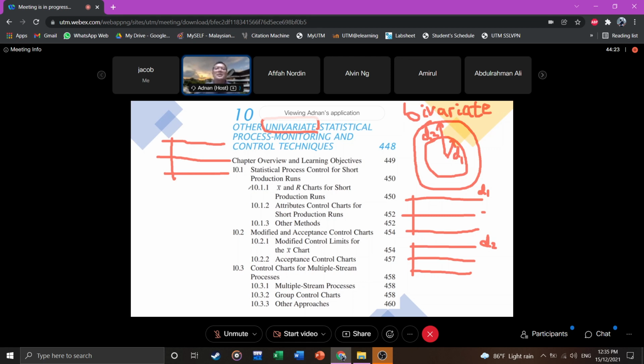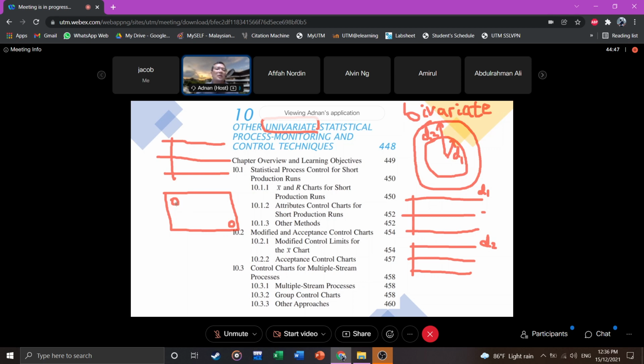So if we are using univariate, especially when the features on the products are related. Let's say you have a piece of component with two holes. One hole is here, another one is here. The important thing is the distance between these two.